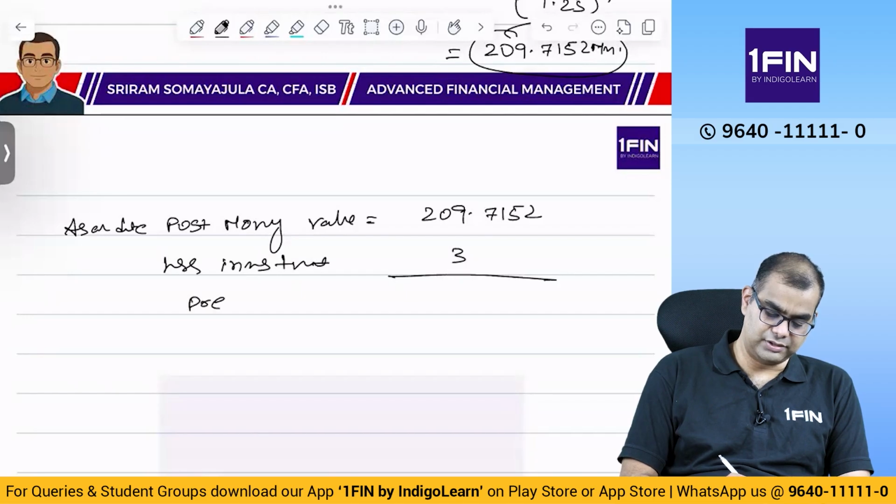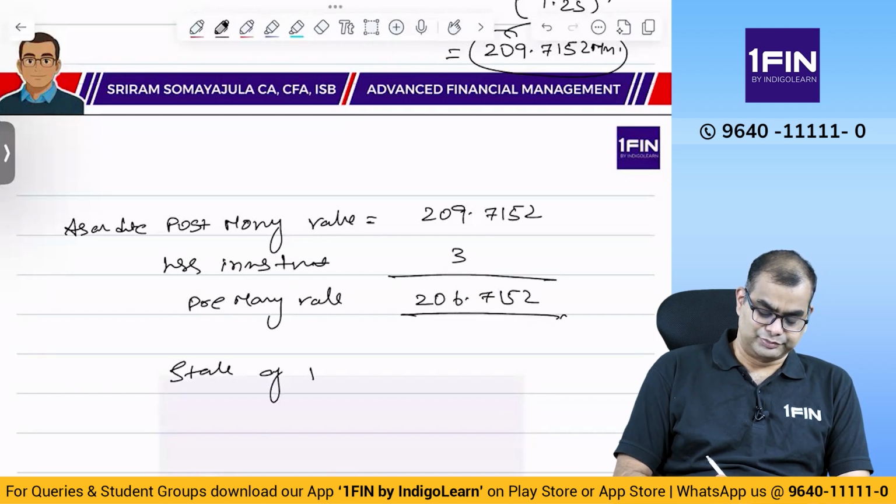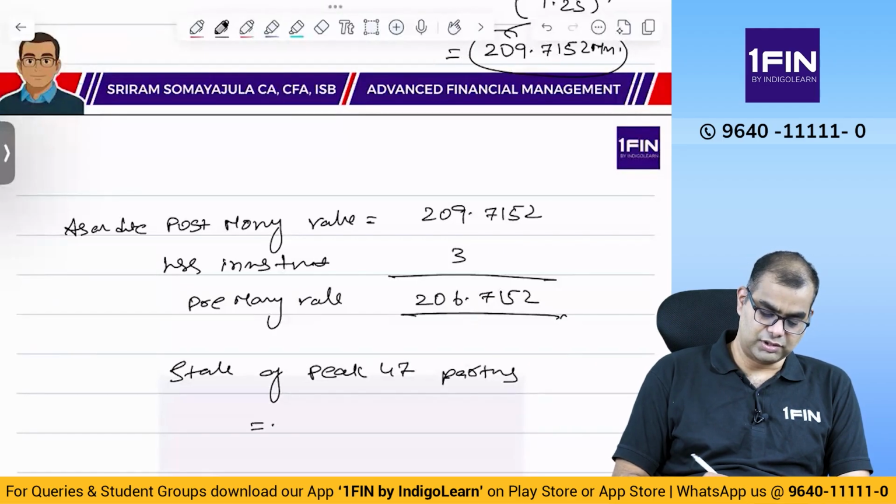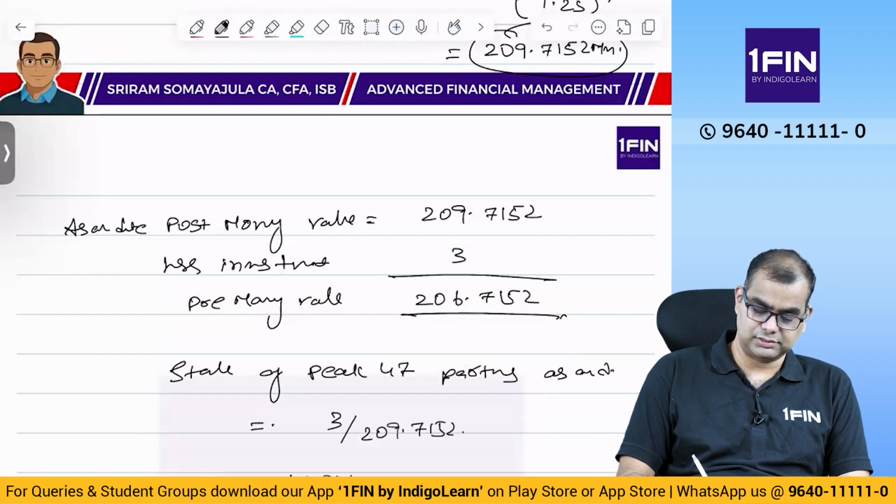So, the pre-money value is how much? 206.7152. The stake of Peak 47 partners is equal to 3 by 209.7152, that is 1.43% as on date.